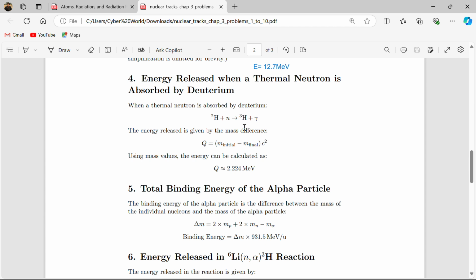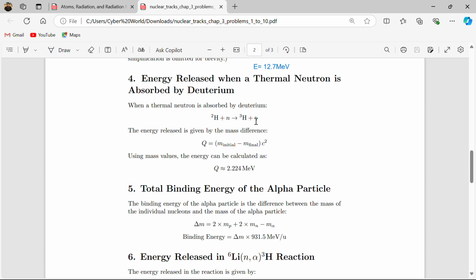The Q value is reactants minus products. The parent is deuterium, whose mass you already know is 2.0141. Similarly for the neutron, the mass is 1.008665. Reactants minus products, and the mass of tritium is 3.0160 similarly.